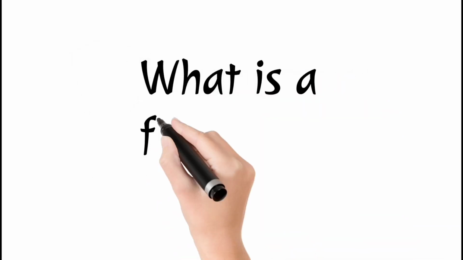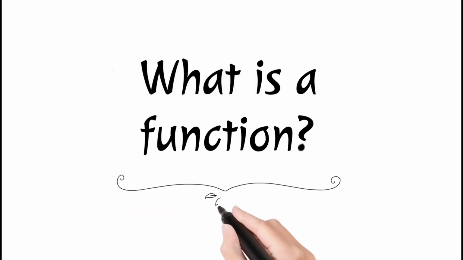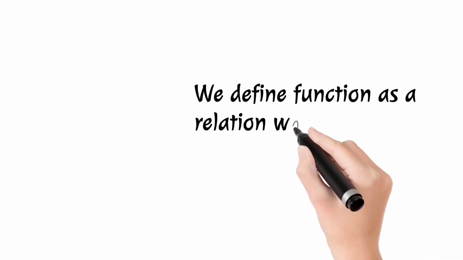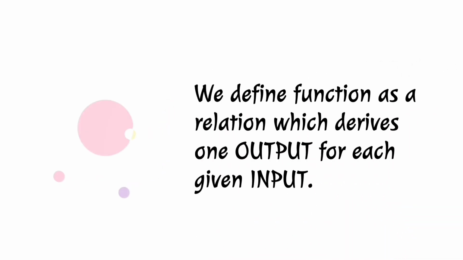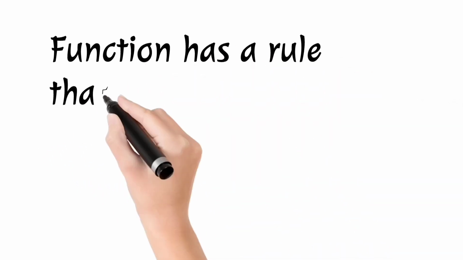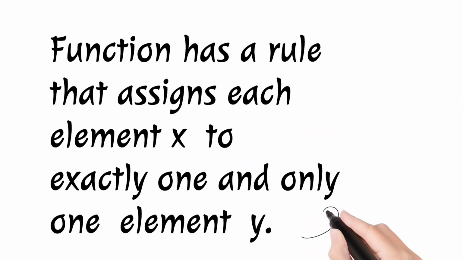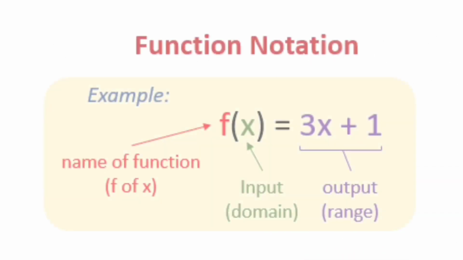Now, let's formally define the meaning of a function. We define function as a relation which derives one output for each given input. Function has a rule that assigns each element x to exactly one and only one element y. Madalas tayong magpangalan ng function as f of x.